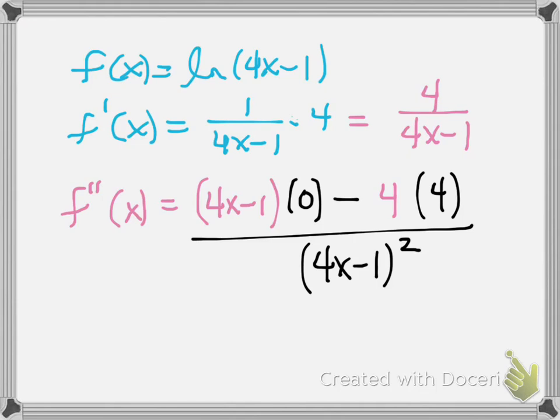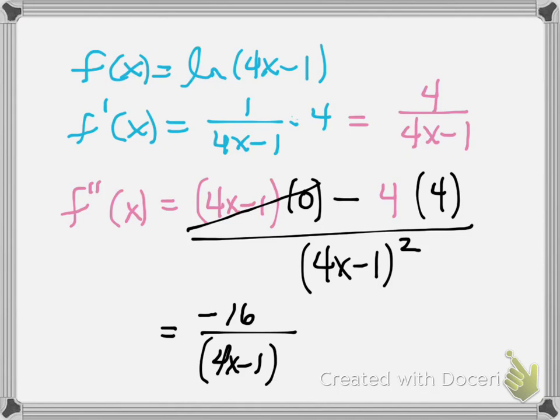It looks hard, but it cleans up real nice. This first term zeroes out, and your final answer looks like negative 16 over quantity 4x minus 1 squared. All right, pause the video, try those next 4 problems, and then I'm going to flash the answers up on the next slide. If you have questions, we can talk about them in class.